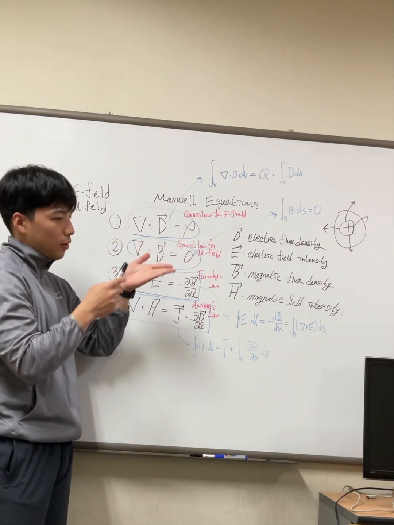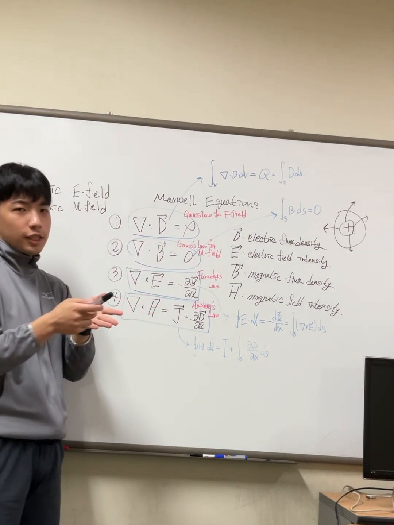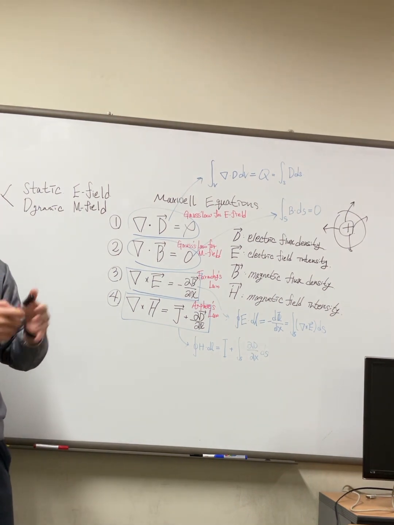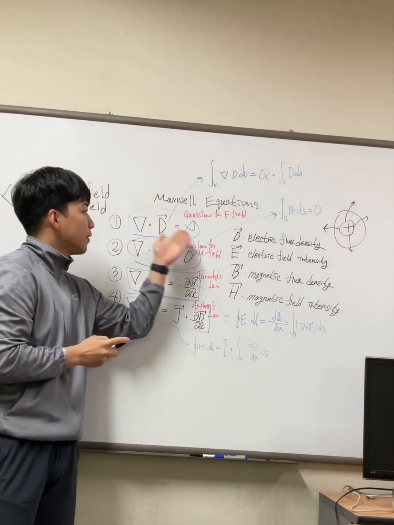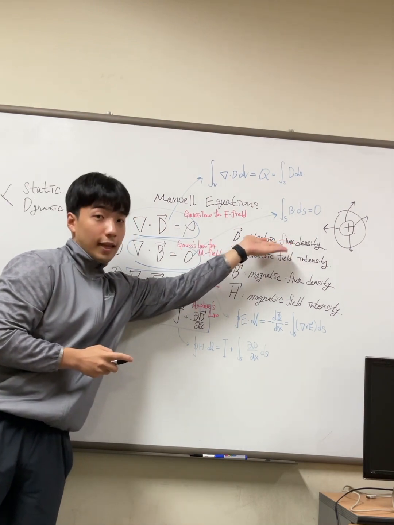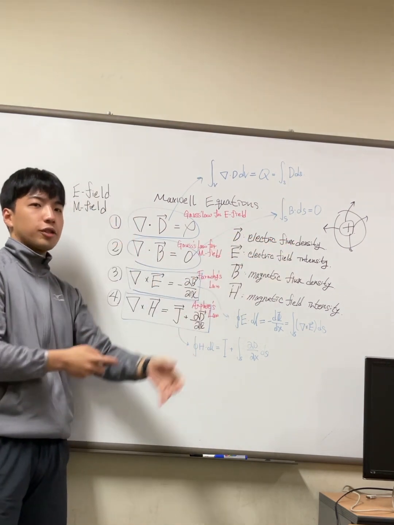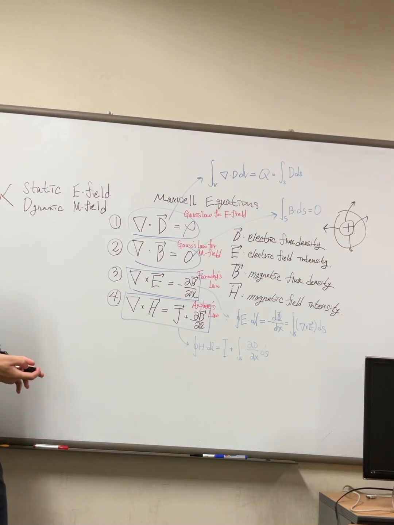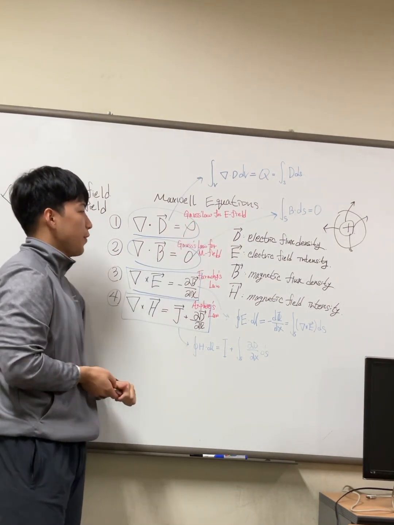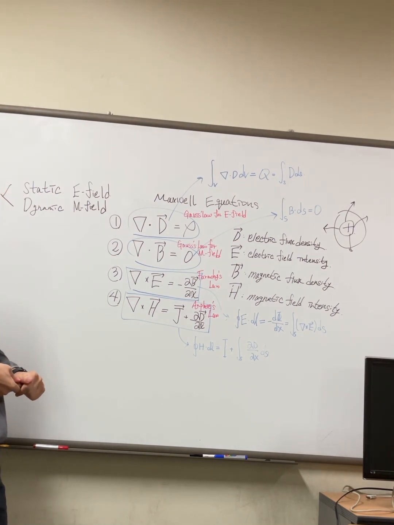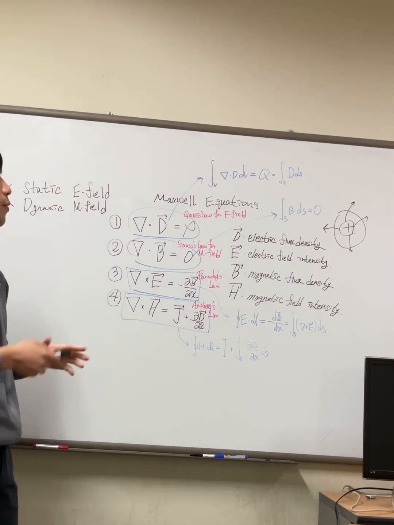If charge exists in the space, then the electric flux density will diverge. It is the Gauss law for electric field, and I will tell you about it more deeply.